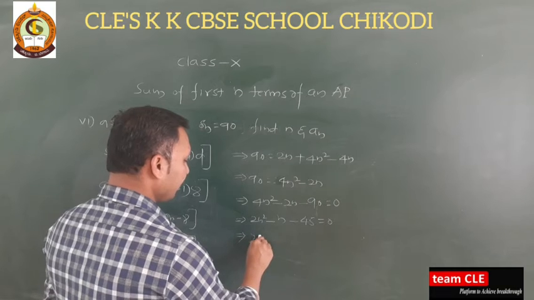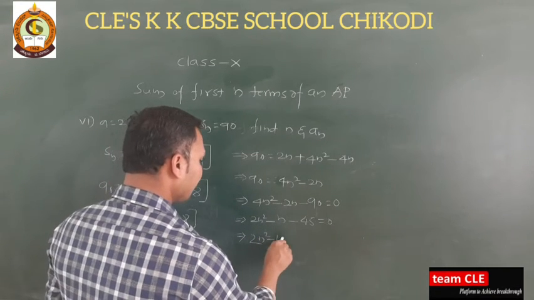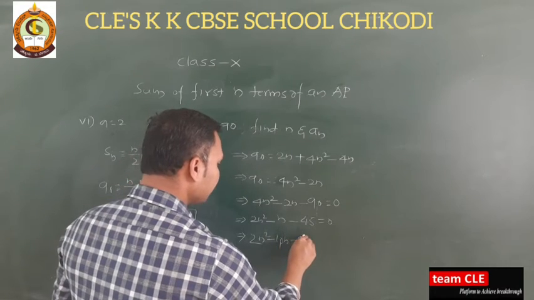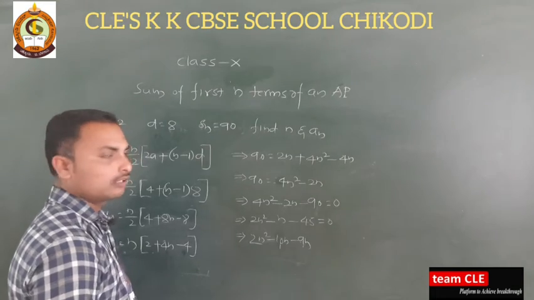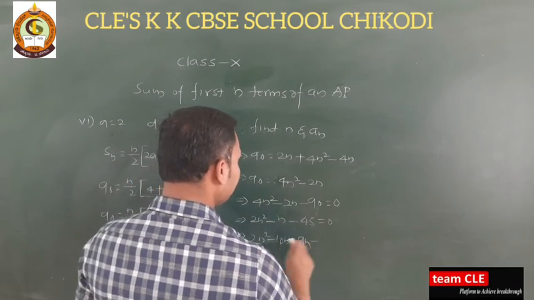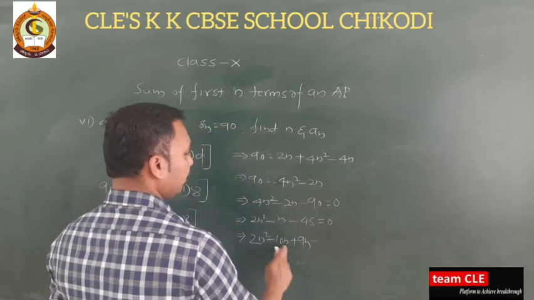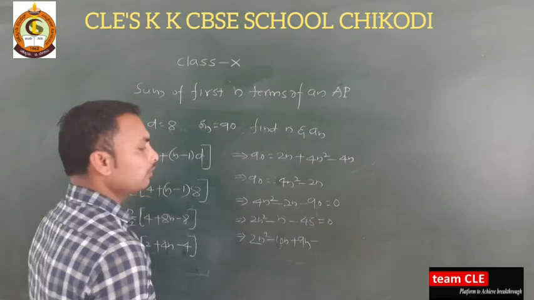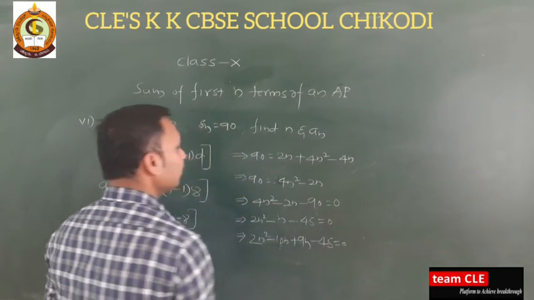So 2n square minus 10n plus 9n. 10 into 9 will get 90. Okay. So minus 10n plus 9n, now we have minus 45 is equal to 0.